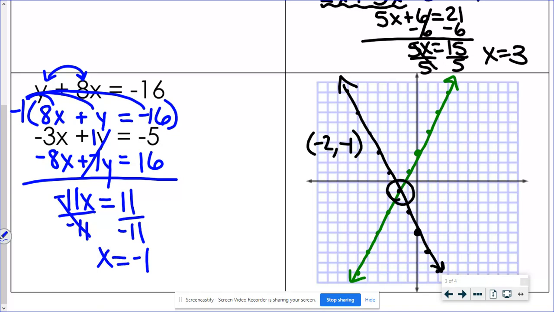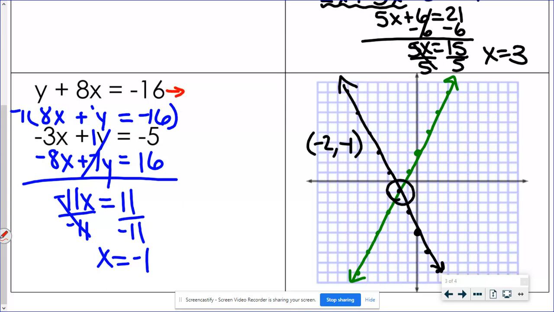Once we know what the x is, I still need to find the y. And now I don't have an easy, like, oh, look, it says y equals. So I'm going to go back to, I don't know which one, maybe this original problem before anything got changed on it. Remember, you can use original problems or the adjusted ones. That's just fine as well.